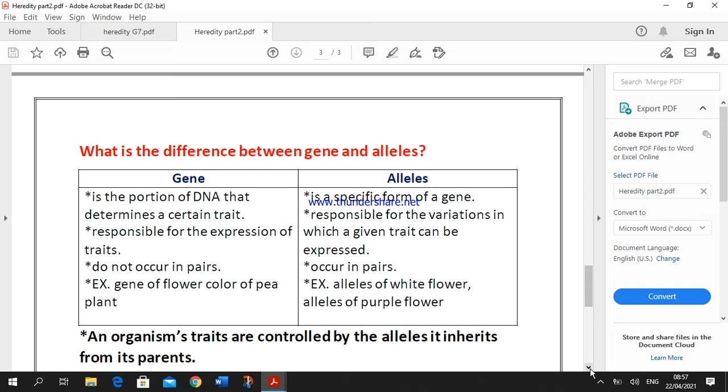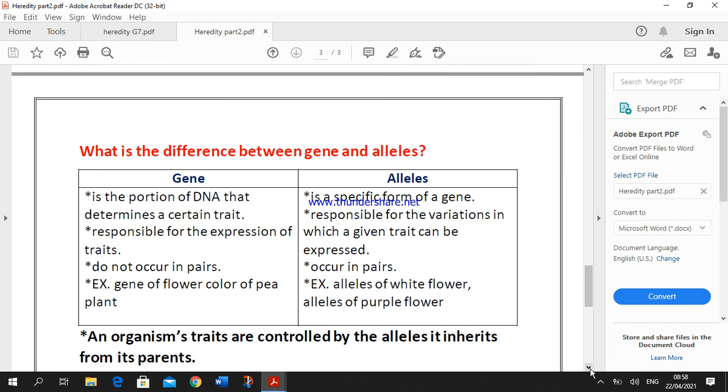As we see, the gene of tallness is symbolized by capital T, the gene of shortness by small t, okay, the gene of the flower color white symbolized by capital W, the gene of the other color of the flower represented by small w, okay.